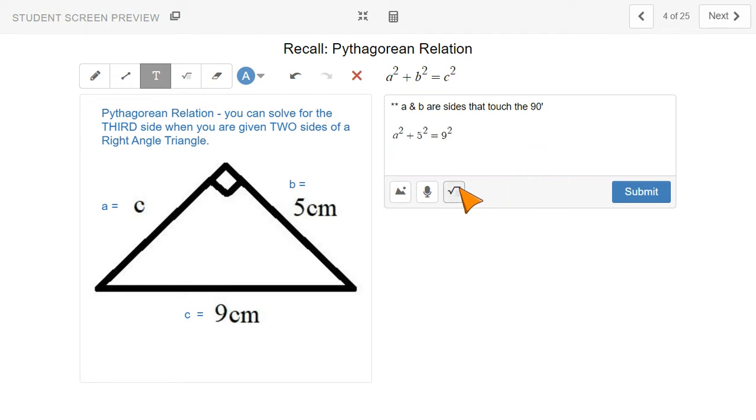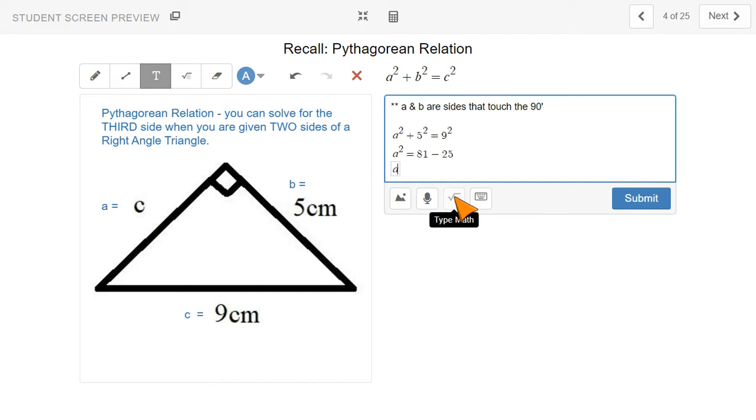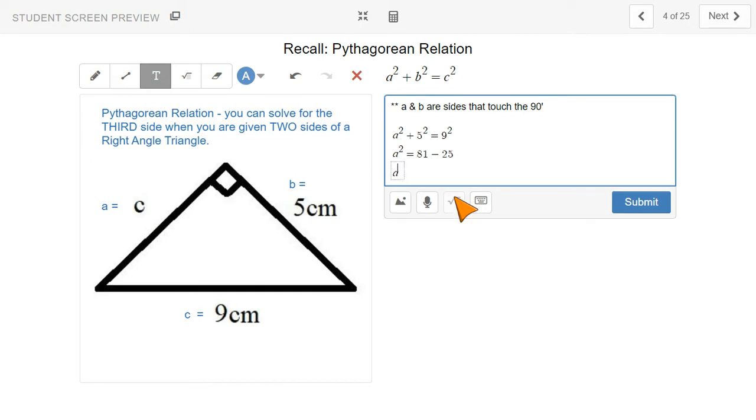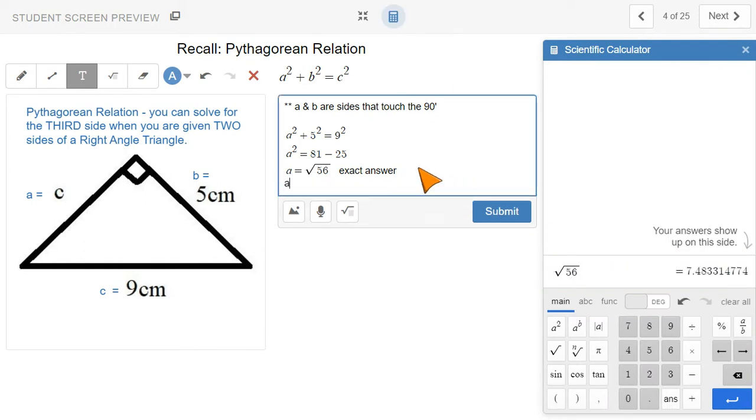Let's rearrange this equation. A squared is equal to 81 minus 25. A is equal to the square root of 56. This is our exact answer, or we could put it into our calculator and get the rounded decimal answer of 7.5.